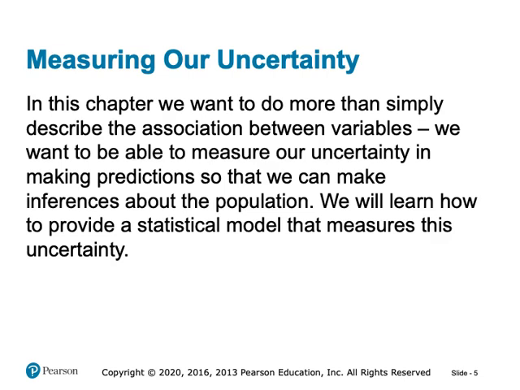We aim to measure the uncertainty involved in these associations. Understanding and quantifying uncertainty is crucial because it allows us to move from simple descriptions to making robust inferences about a larger population. In other words, we want to be able to take the relationship we observe in our sample and make educated predictions about the population from which our sample was drawn.